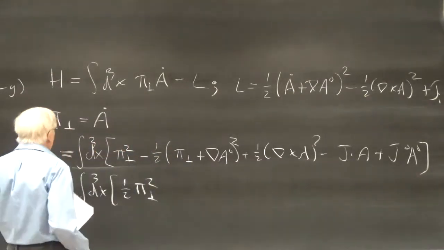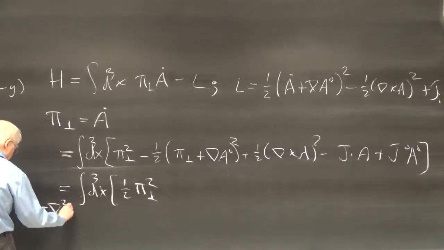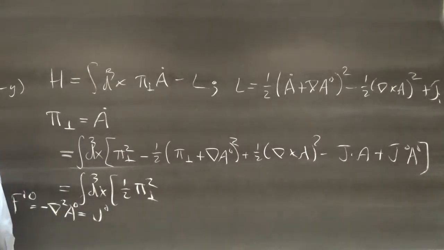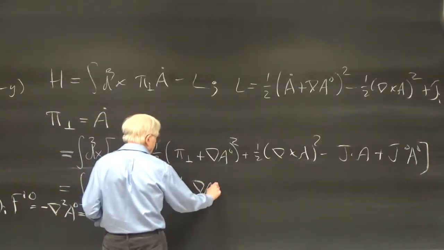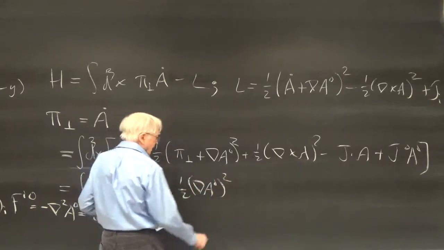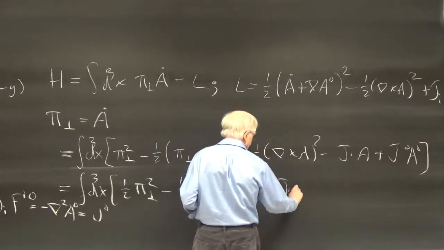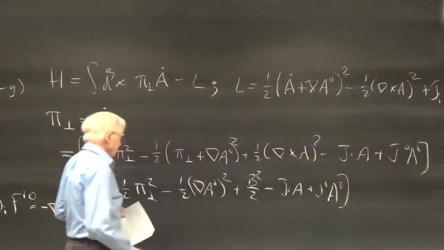Well, what we have is minus partial_i F_i0 together with the Coulomb gauge condition gives us minus grad squared A0 equals J0, and so that means that this term, I'm just going to write the curl term as B squared over 2, because it's just the magnetic field. So it looks like that.